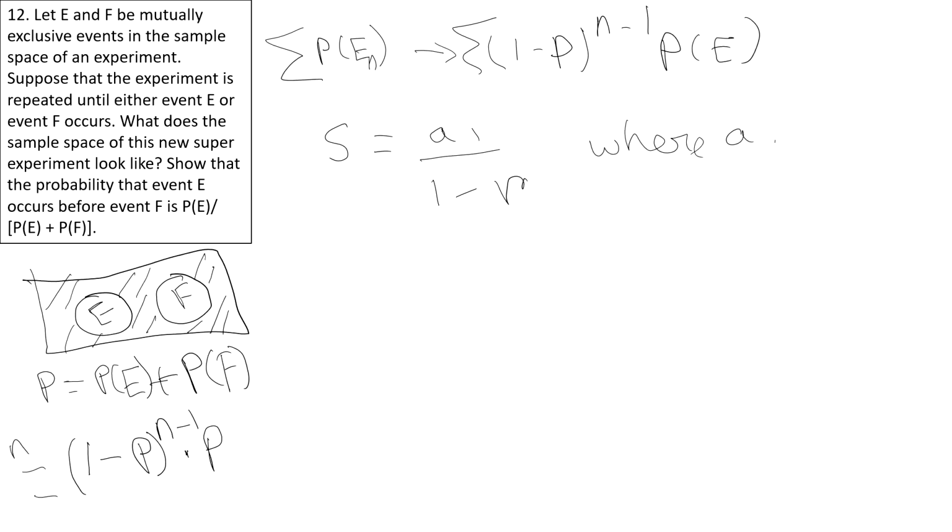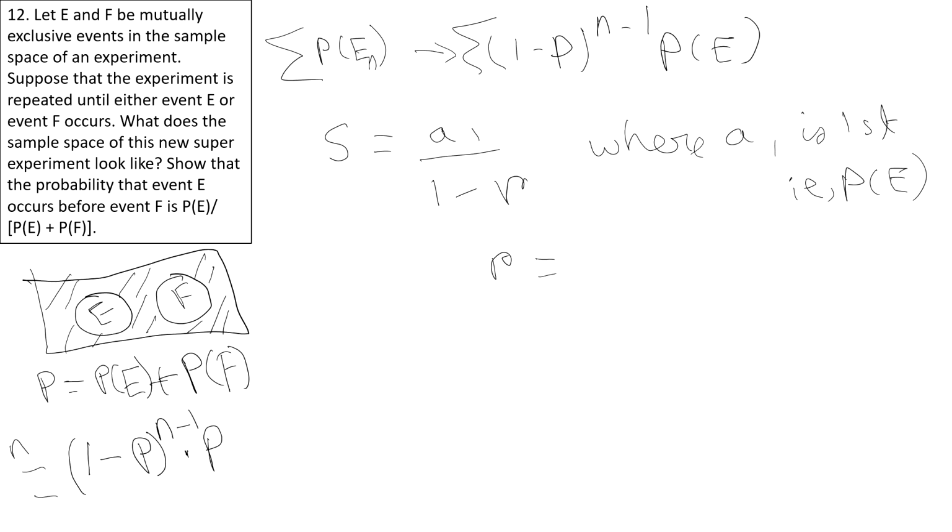Here a1 is the first term, which is PE, and r is the common ratio, the factor with which we are multiplying.